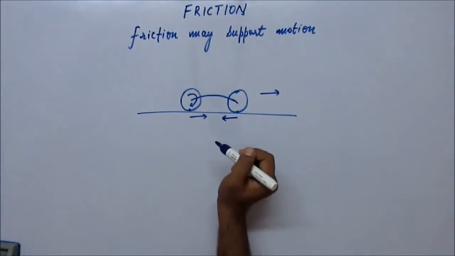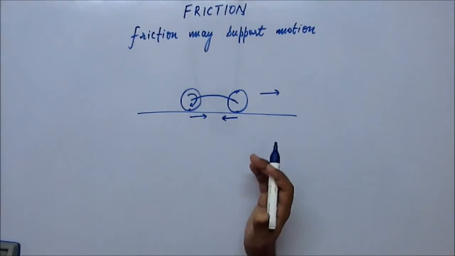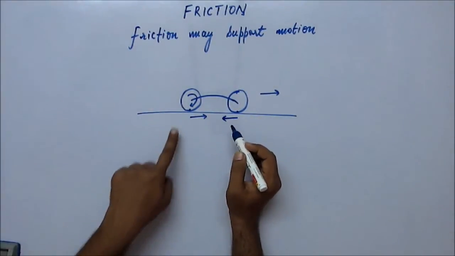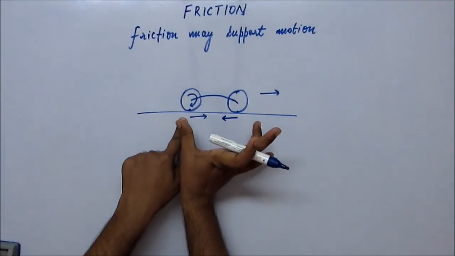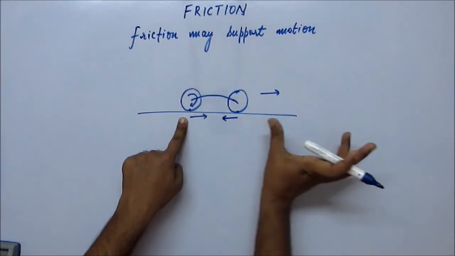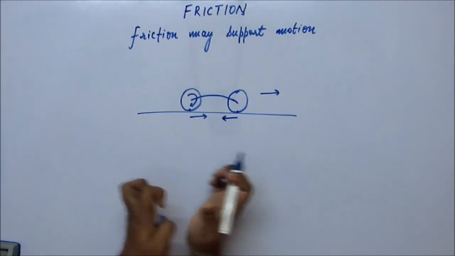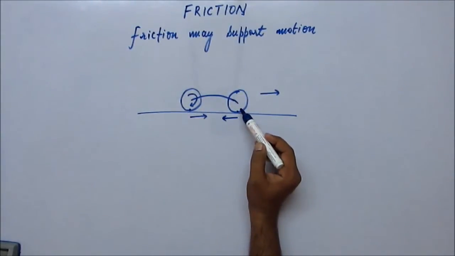When you stop pedaling, then what happens? Friction always tries to stop relative motion. Then with respect to ground, the whole bicycle is having a relative motion towards right. Now in order to stop that, if friction acts in backward direction, it will try to pull back the entire bicycle. So in that way, it can stop the relative motion.